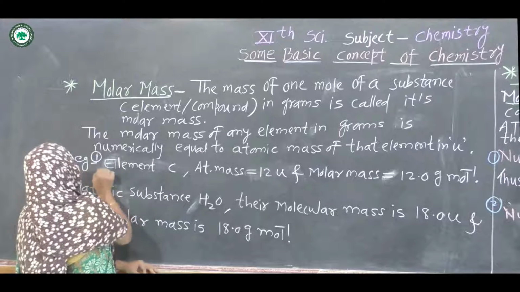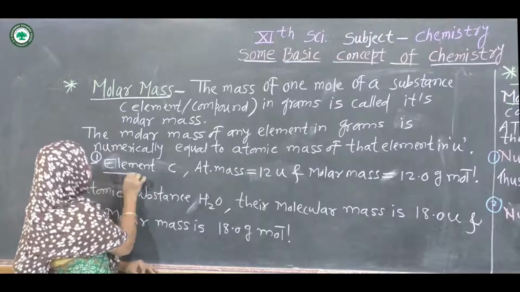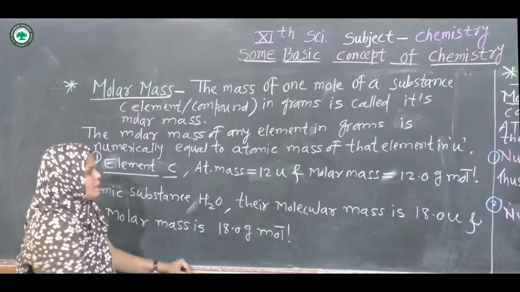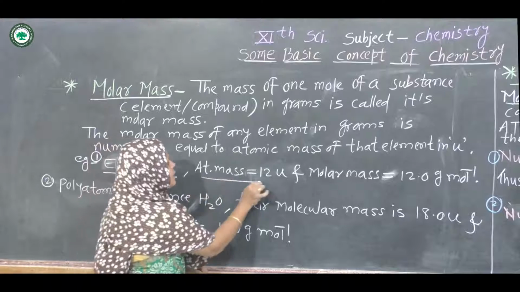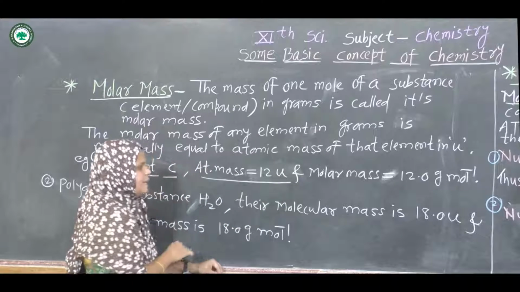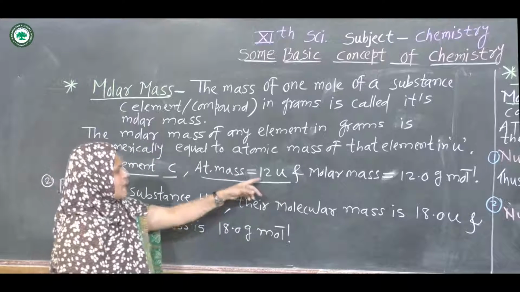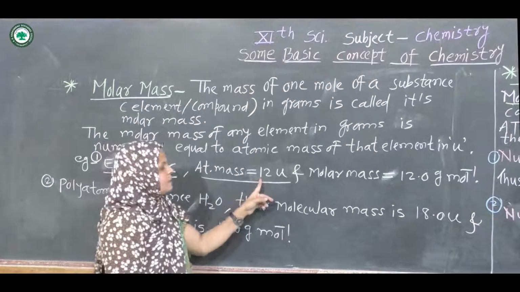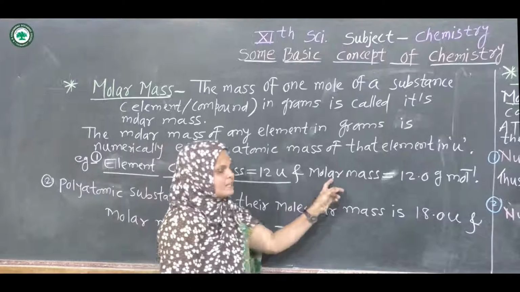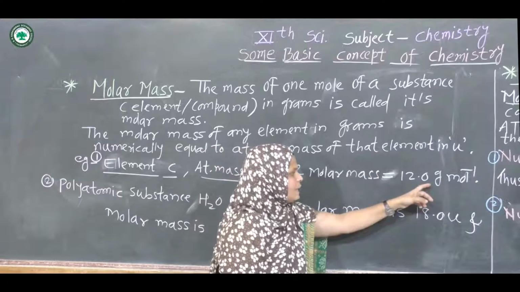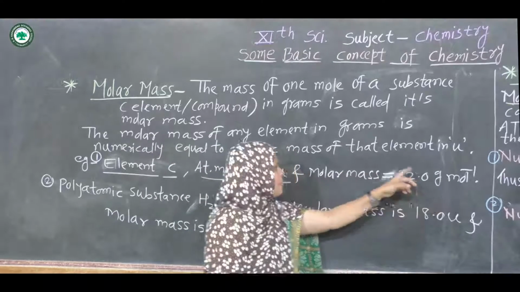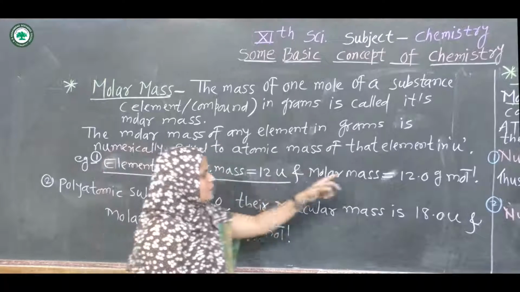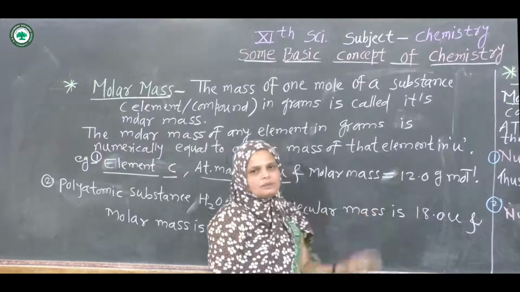Then we see the example: the element carbon, its atomic mass is 12 unified mass unit, and this 12 unified mass unit is nothing but its molar mass, 12 gram per mole. Molar mass of carbon is 12 gram per mole.